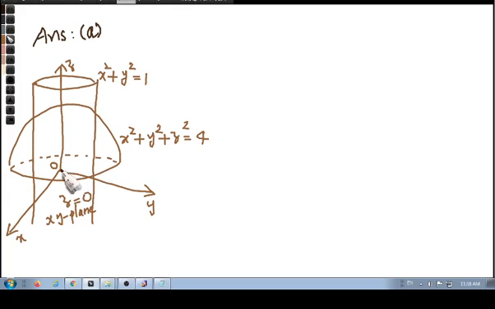Okay. Now to set up the limits for the triple integral or iterated integrals, what you have to do first is draw a ray that starts at the origin and passes through this region D. Where it enters the region is the lower limit of integration, and where it leaves the region is the upper limit of integration.